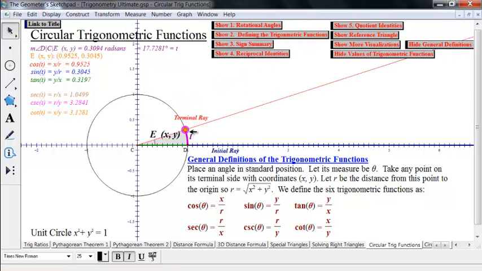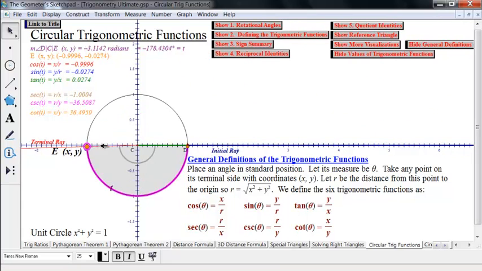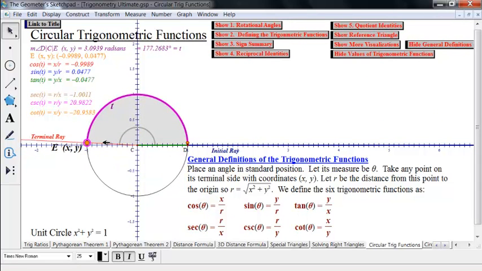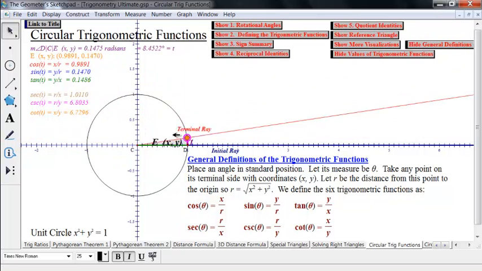It is also true that tangent is 0 here and here, because we have a y of 0 and an x not 0.